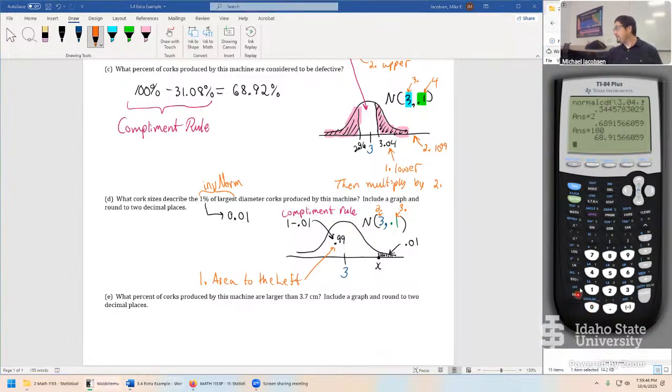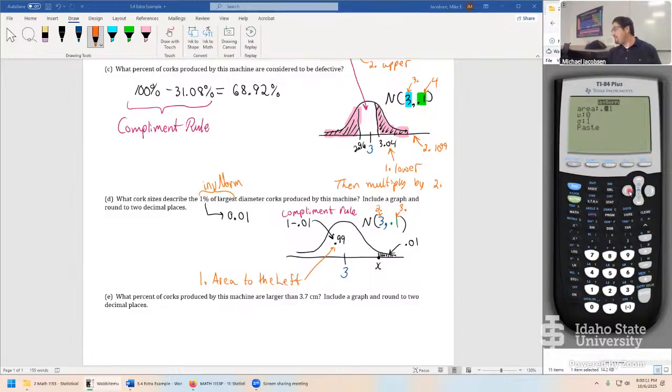So here's what it would look like. Hit second, bars. We want option 3, inverse norm. Then area, again, there's some options here. On some people's calculator, you can go 0.01 rather. If you go this route, then you're looking at right tail area. You'll have to select the right button right there to point it towards the right tail.